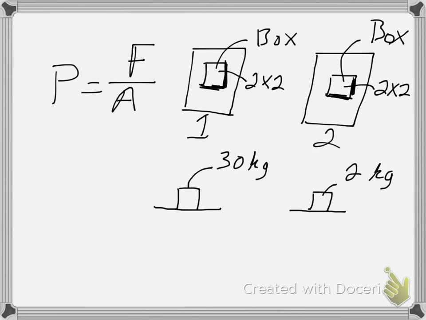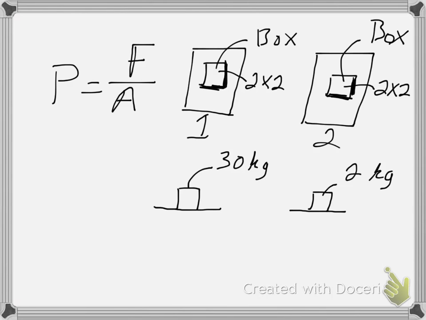Well, we can easily deduce without too much thought which one will be exerting the greater pressure on the piece of paper. Obviously, the heavier one is going to be exerting the greater pressure, but exactly by how much is that pressure going to be greater than the second situation?